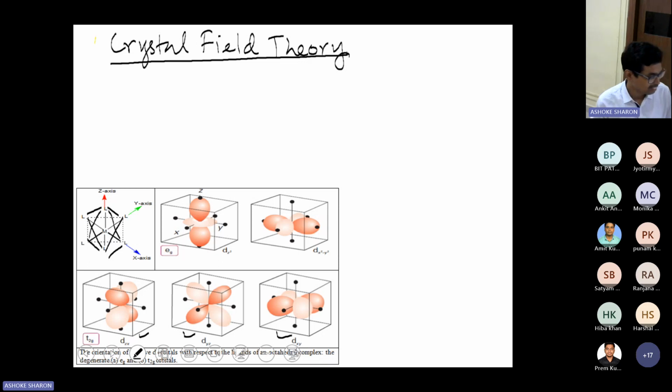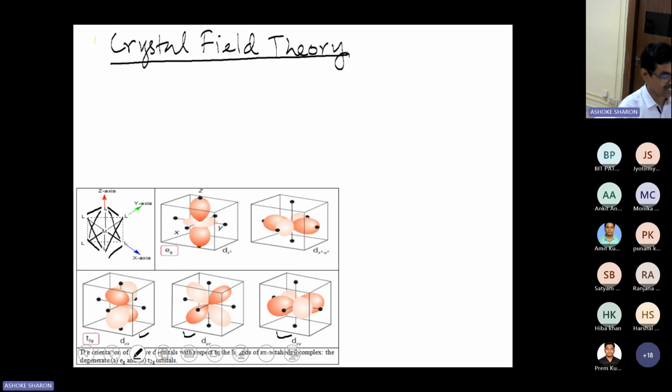But the orientation of the lobes is in between the axes, not along the axes. That means in zx, the lobes are oriented in between the x-axis and z-axis. Next, there are two other types of orbitals, which are directed along the axis.